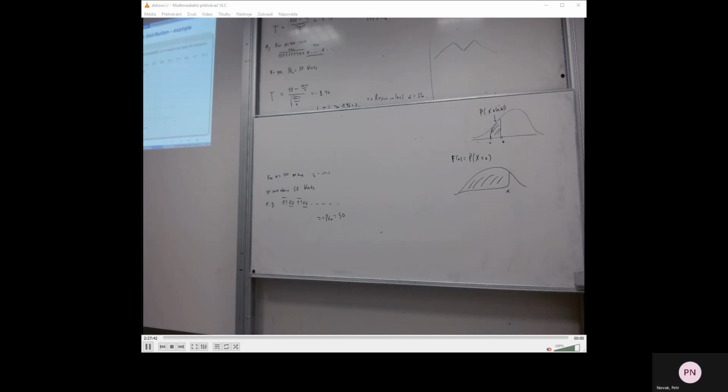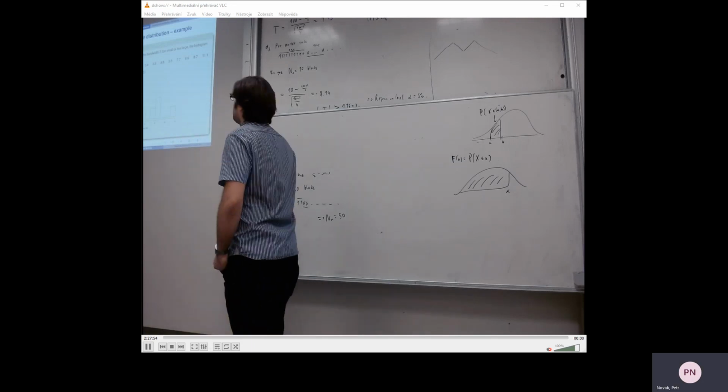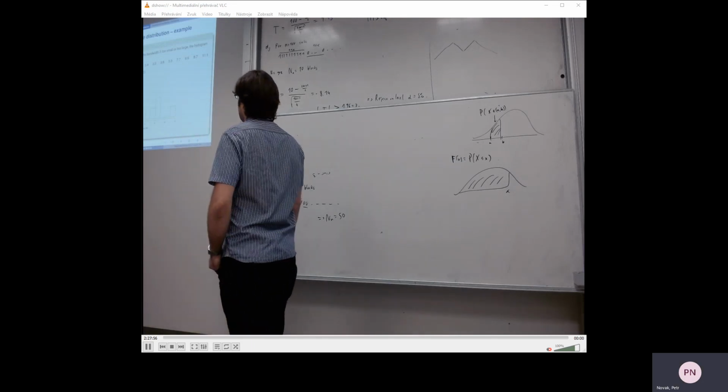Now, the histogram can be summoned in R by the command hist, H-I-S-T, and we need to scale it to represent probabilities, not frequencies, by adding the parameter probability is true.